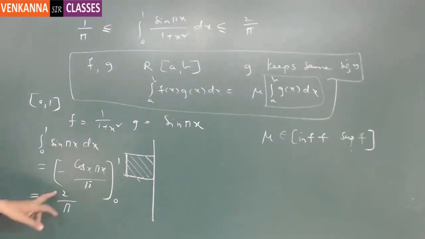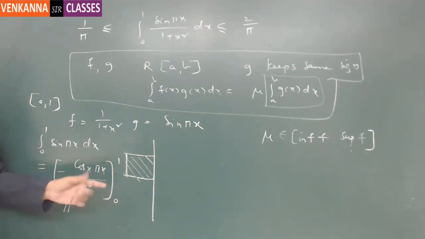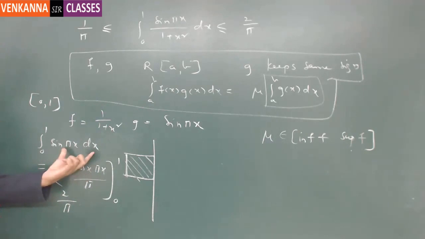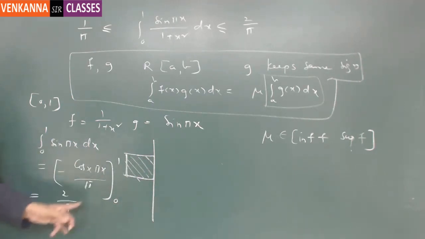Therefore, applying the limits, the value is 2 by pi. So in this way, we should mention it here. After considering this integral, you should write the statement in the box. Then straight away you do the integration and the result is 2 by pi. Is it clear to everyone? Please tell.